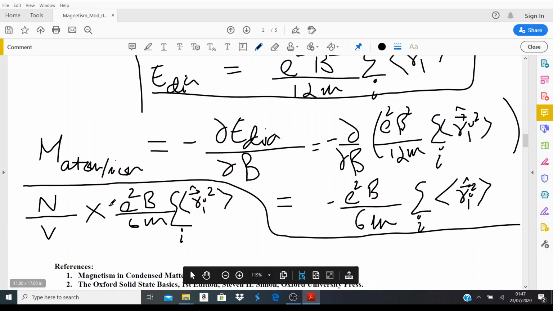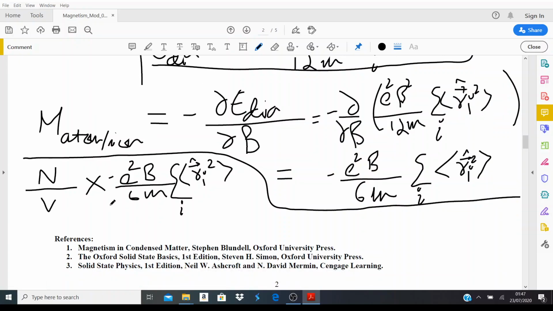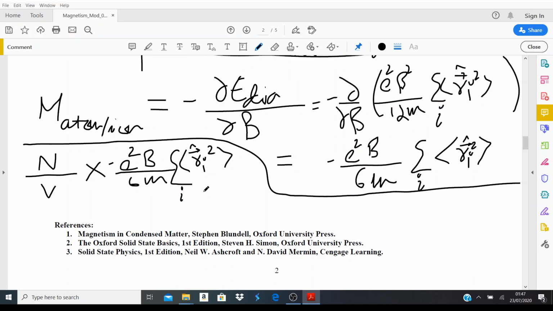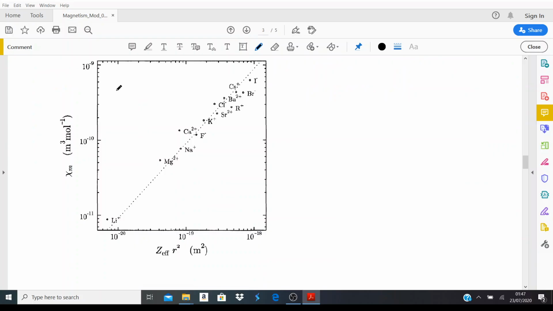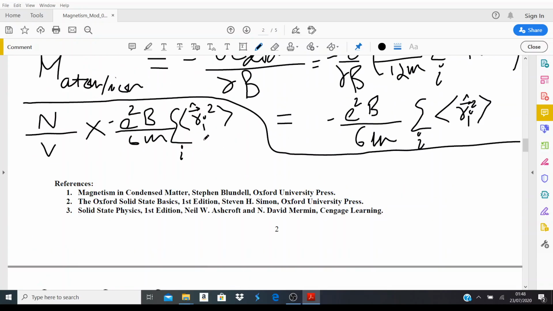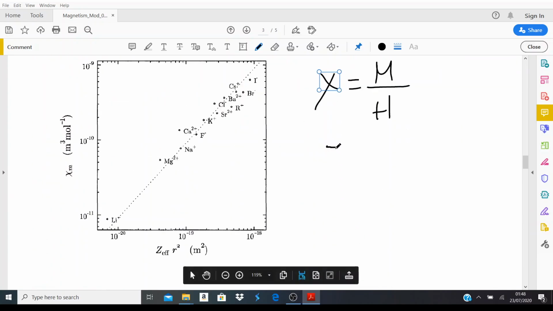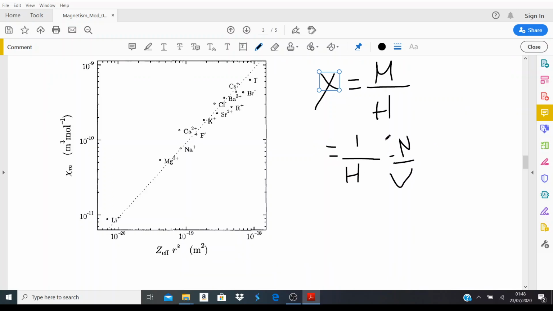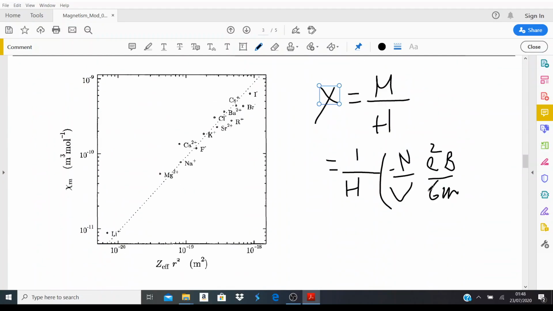And now we know how to define the susceptibility of that material. I will explain this graph a bit later. If you recall, the susceptibility is defined by M by H, where M is the magnetization per unit volume, which is this quantity. So let's write the expression for M, which is n by v, with a minus sign, and then e square by 6m, we have B, and then the expectation value summed over.